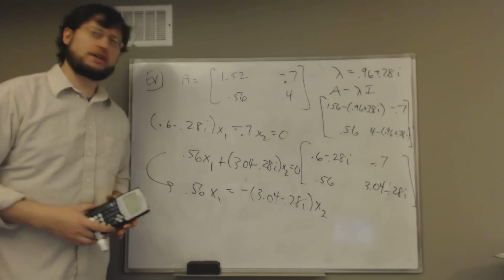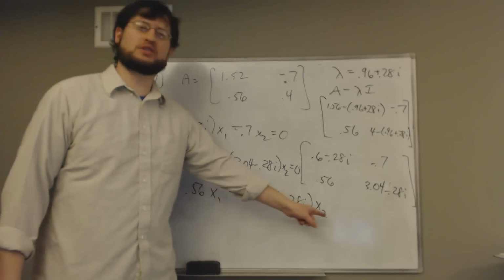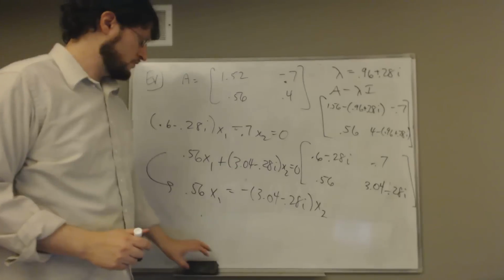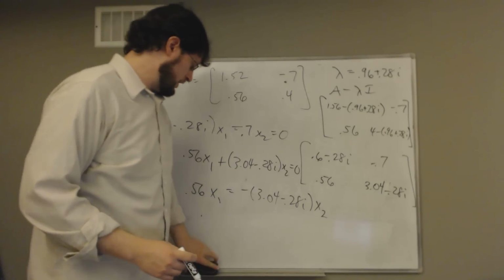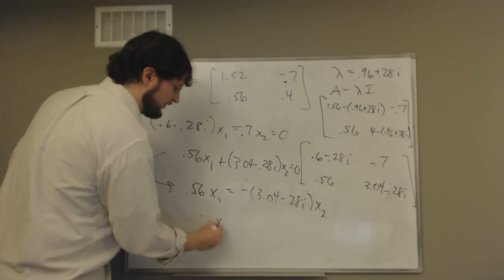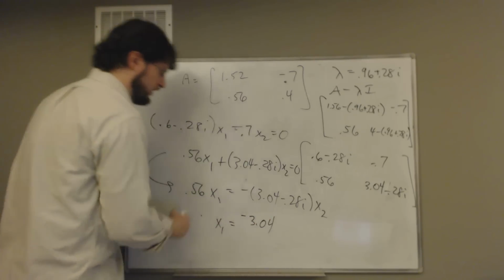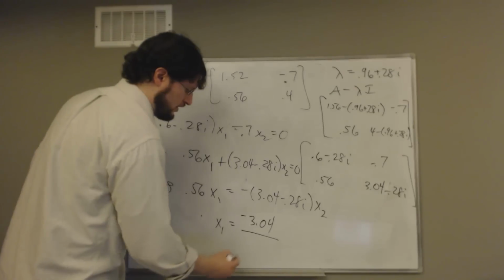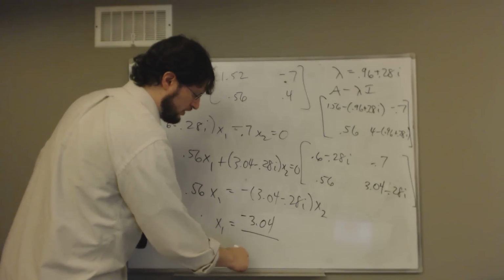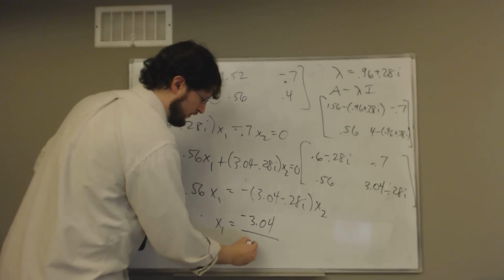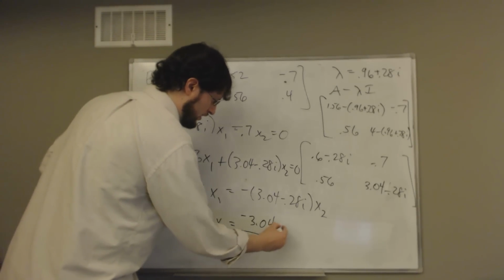And so now's where it makes sense to pick an x2 which isn't just 1, mainly because of all of these decimals. In this case, I can divide by 0.56 to get x1 is negative 3.04 divided by 0.56, which is divided by 56 over 100, which is divided by 56 times 100.